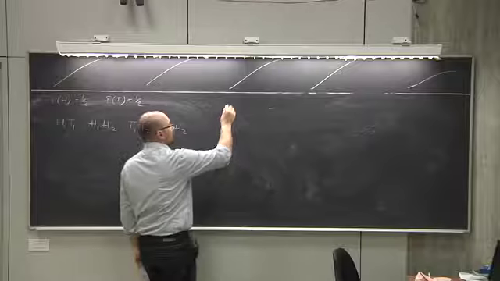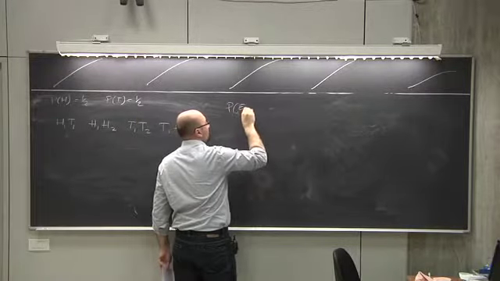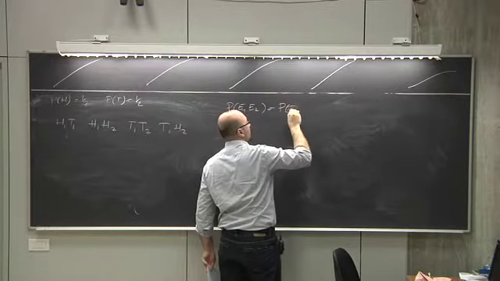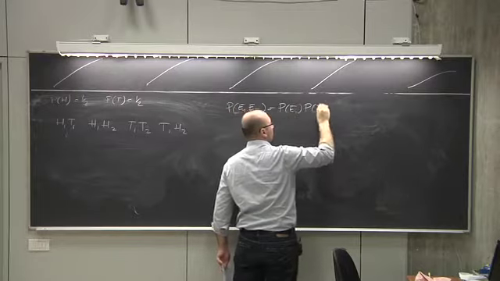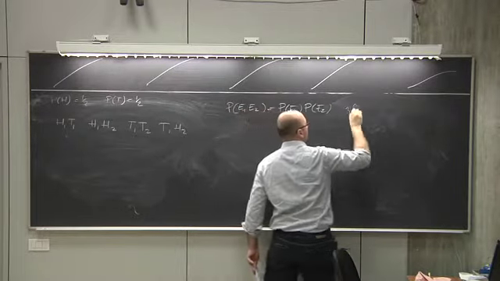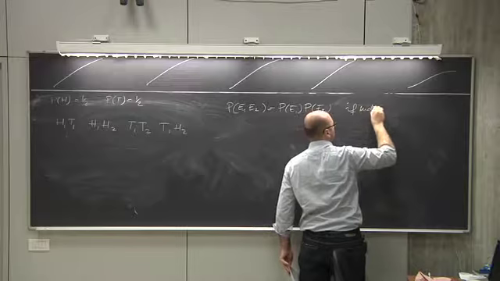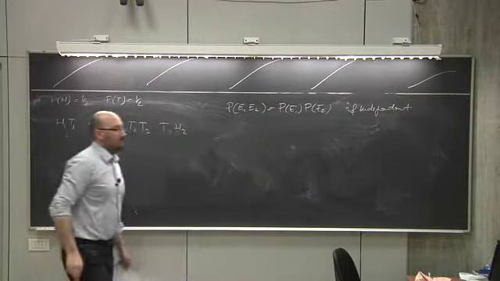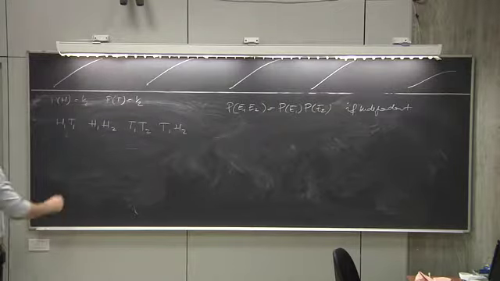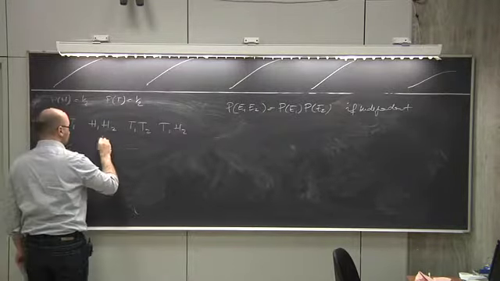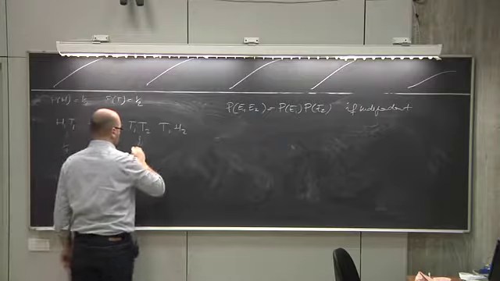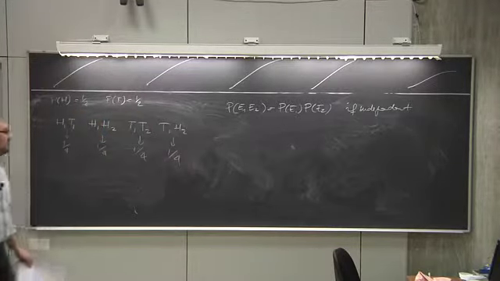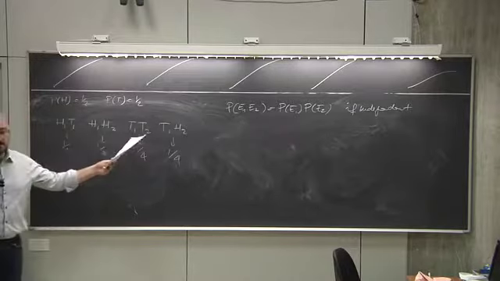If they are independent, the probability of having E1 and E2 is equal to the probability of having E1 times the probability of having E2. Okay, so we have 1/4, 1/4, 1/4, 1/4. These are mutually exclusive events.